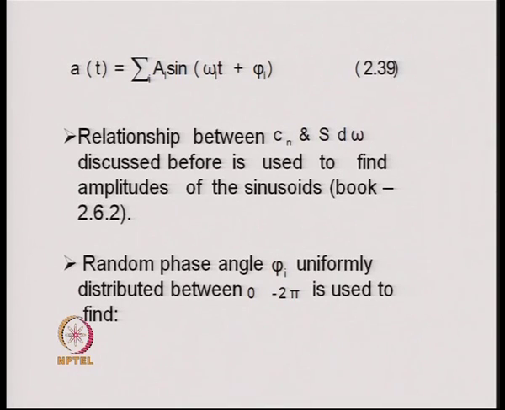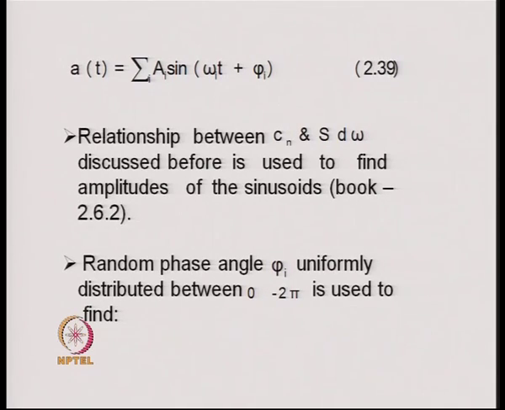The only difference here is the values of phi i that are added now and a i that is to be obtained. So, a i basically can be obtained from the relationship that exists between Cn and the ordinate of the power spectral density function multiplied by d omega.